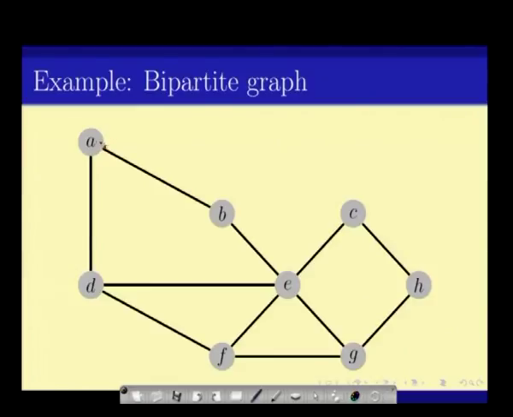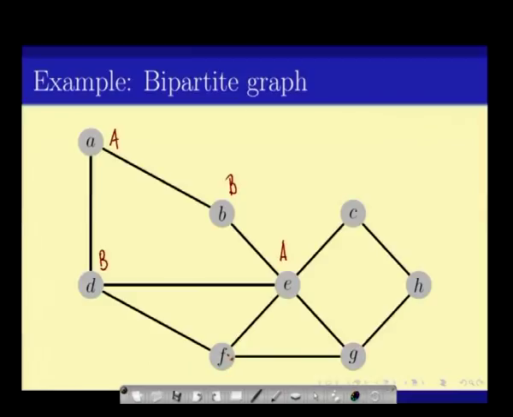Say, without loss of generality, I put A in the partition A. Now, if I put A in partition A, then I have to put D in partition B, because there cannot be any edge between two vertices in A. Similarly, since this is in A, I have to put this one in B. Now, since this is in B, I have to put this one in A, because if I put this one in B, then I will have an edge between two vertices in B, which cannot be. This is fine, there is an edge between A and B, that is not a problem.